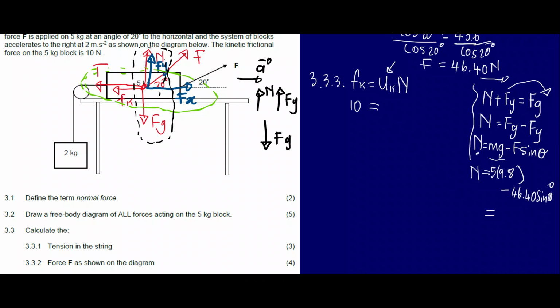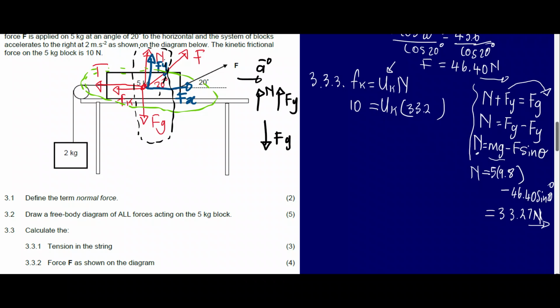The answer you get here for the normal force is what we plug in to calculate the mu value, the UK or whatever you call it. So it's 5 times 9.8 minus 46 sine 20 degrees. What is the answer here? The answer is 33.27 newtons.